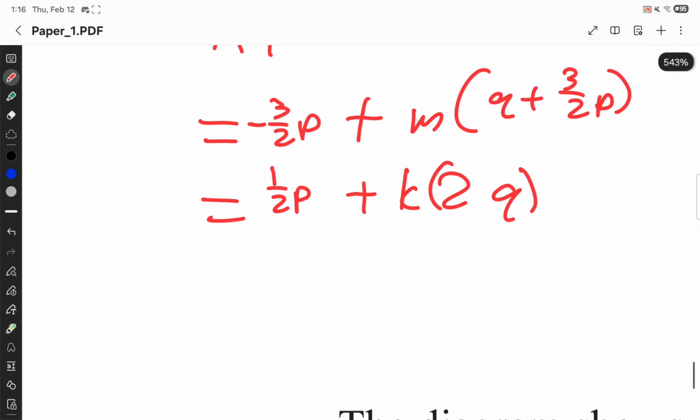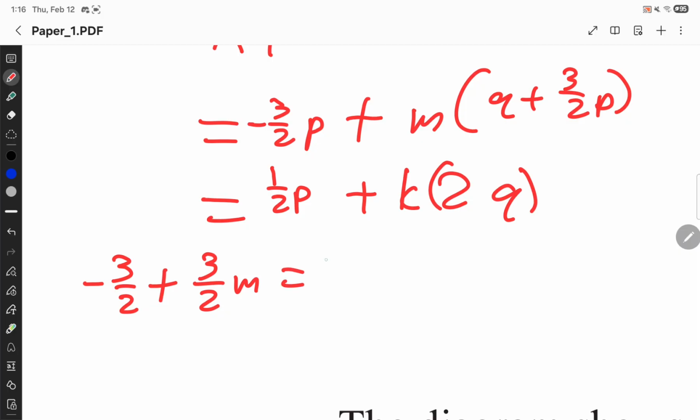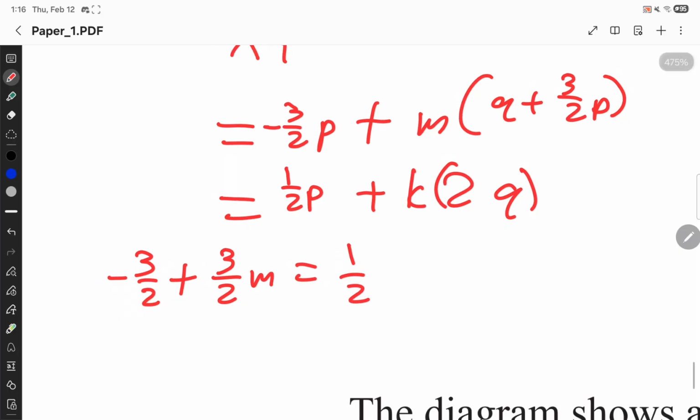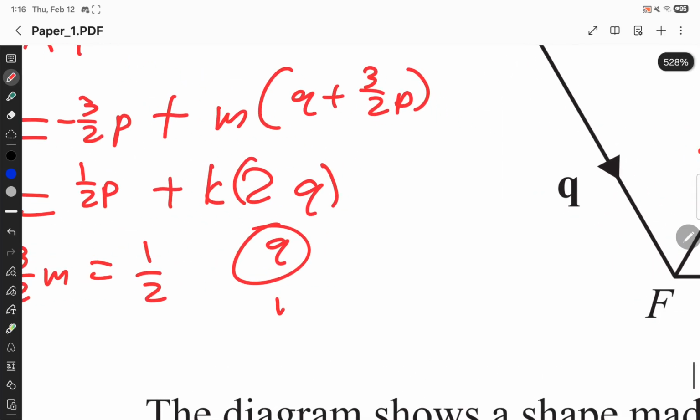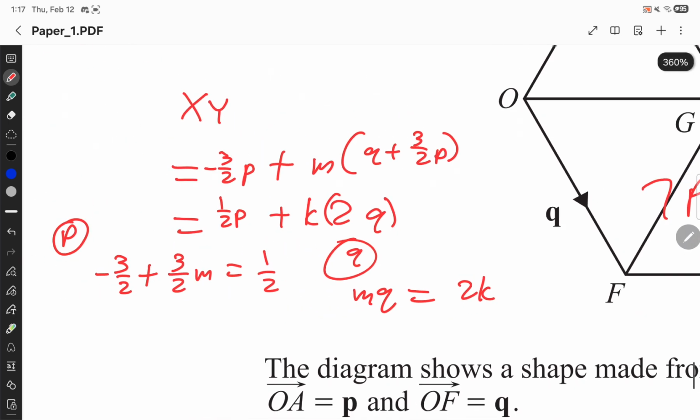So if we first equate p terms, you get negative 3 over 2 plus 3 over 2 m is equal to a half p, a half. Done. Next, from q we get mq is equal to 2kq.